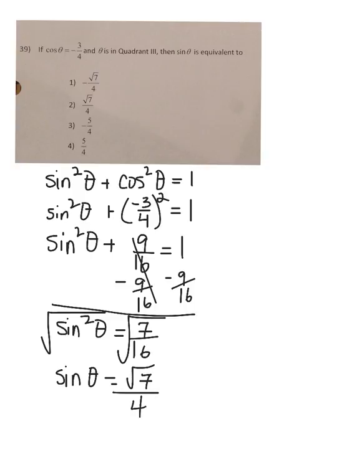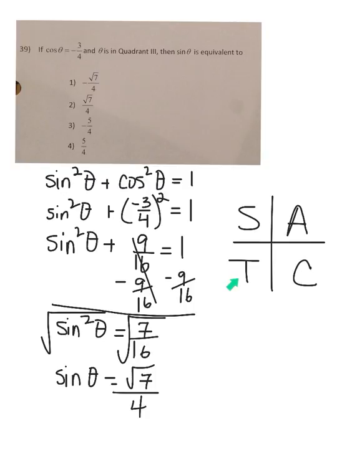All right, so let's read the question one more time. It does ask for sine theta, which is what I have, but here's the thing that I want to be careful of. I'm in quadrant 3. So quadrant 3, let me just write this down for you. Remember, quadrant 3, all students take calculus.